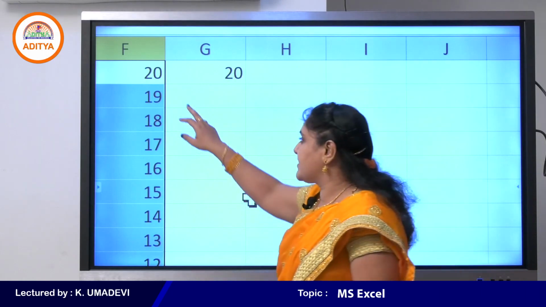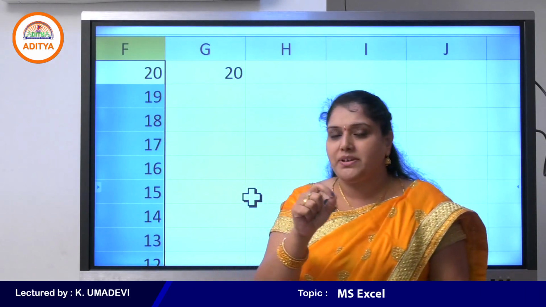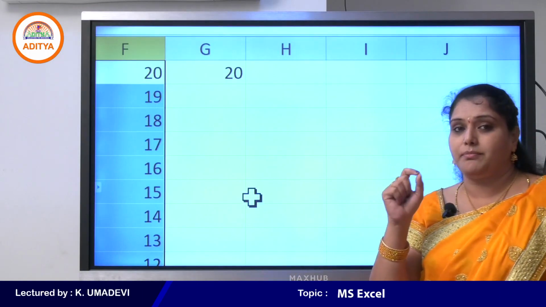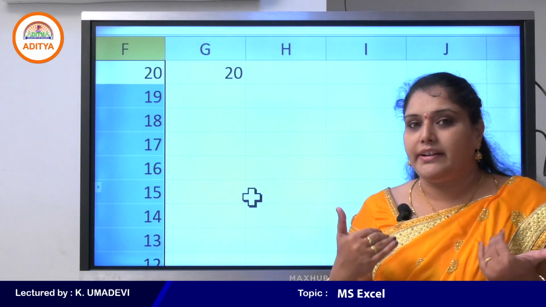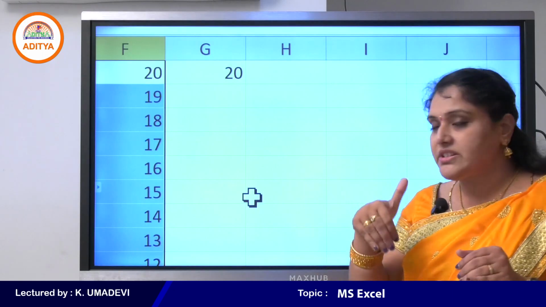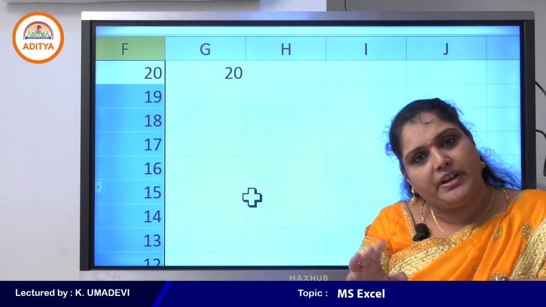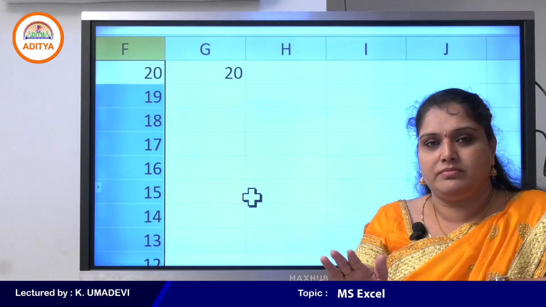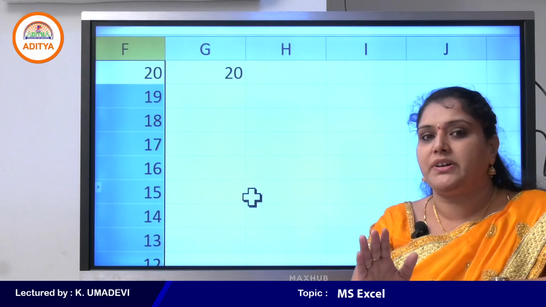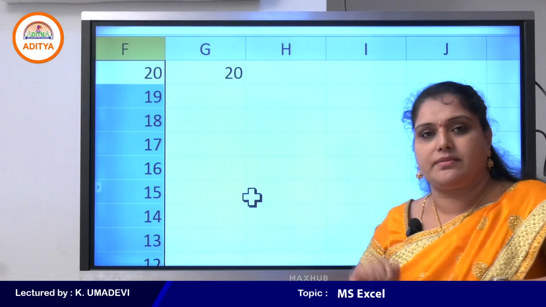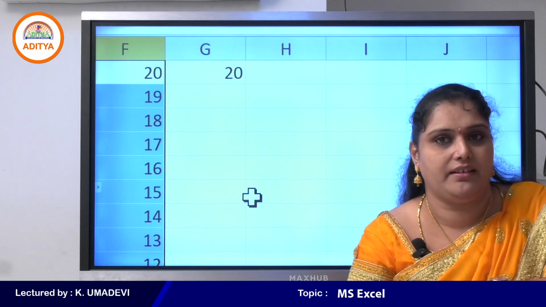Why? Because the difference between the first two numbers is a decrement of 1. So again 19 minus 1, 18, 18 minus 1, 17, 17 minus 1, 16. So like this we can increment and decrement the series. Based on the first two numbers, Excel automatically fills the series with the help of the fill handle.